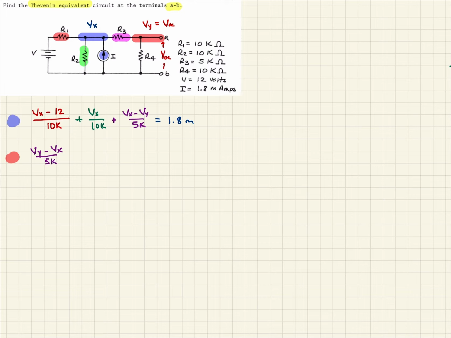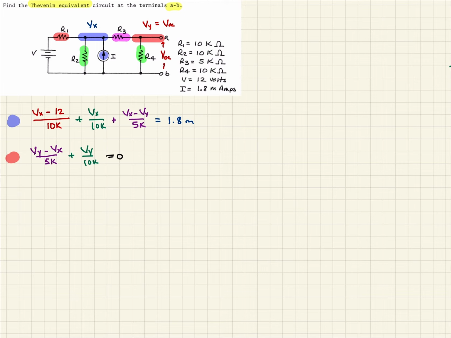And then the really only other one we have there is going to be this R4 value. And so we can write that one then as Vy over R4, which is 10K. And that's the only things going in and out of that node. So we can set that one just equal to 0.